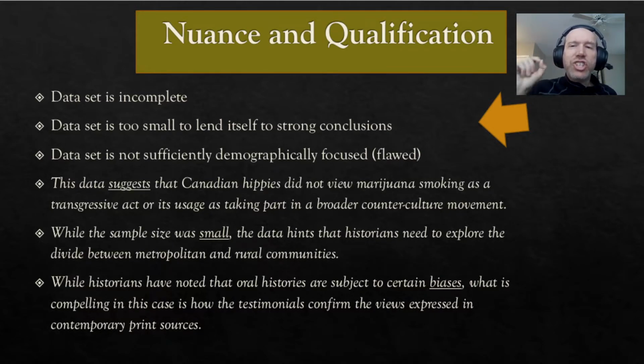"This data suggests" is a qualifying phrase: this data suggests that Canadian hippies did not view marijuana smoking as a progressive act or its usage as taking part in a broader counterculture movement. So one of the ideas would be, in our society, drug taking is a big subversive act. You're really flaunting social rules. But there was less of a stigma or taboo with marijuana during the 1960s.